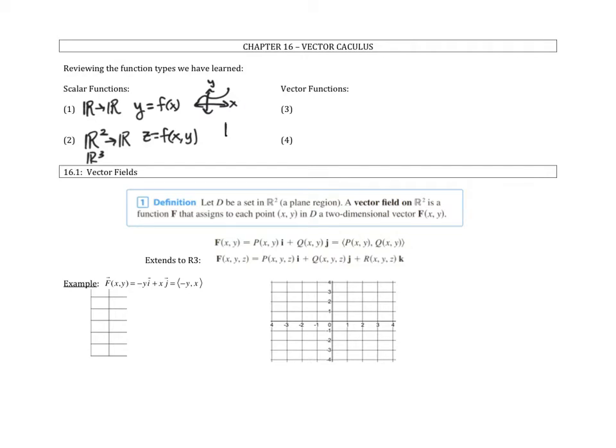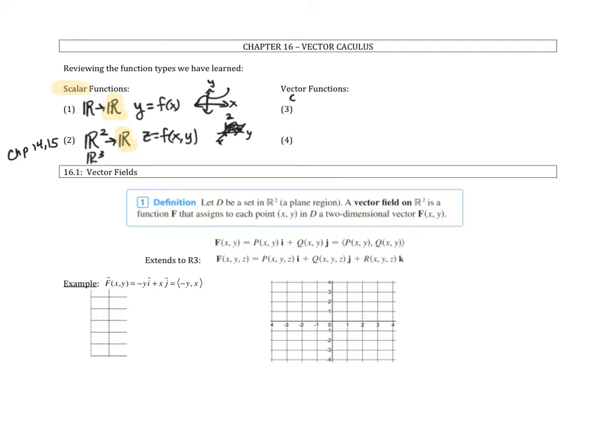And the graph of that we found to be some sort of surface. These are both called scalar functions because what comes out is a scalar. So I just get a real number out. I don't get something multi-dimensional out. Just as a reminder, if you wanted to look back, this is chapter 14 and 15.